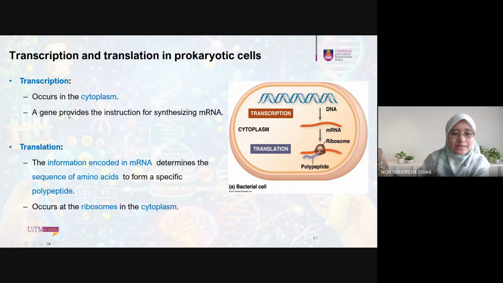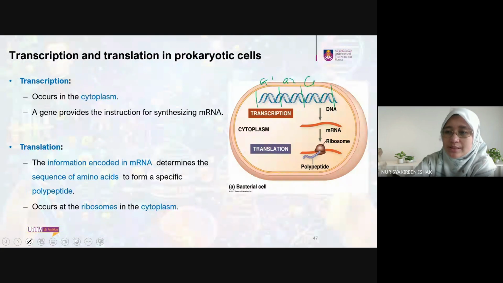A gene provides the instruction for synthesizing a specific mRNA. Let's say this is a segment of DNA of a prokaryote. It has several genes, gene 1, gene 2, gene 3, for example.